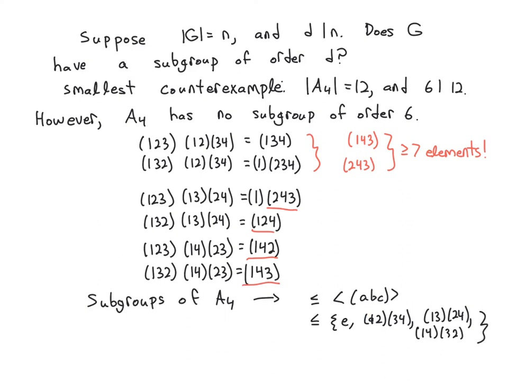And that is it. Once you have two non-trivial 3-cycles, you end up getting all of A4, and once you have an element of order 2 and a 3-cycle, you get all of A4. In particular, there's nothing of order 6.